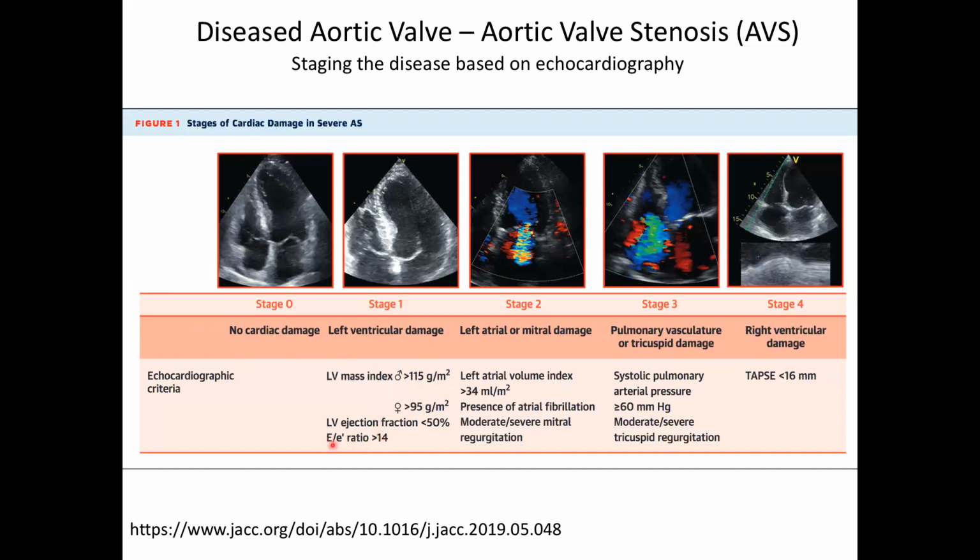And then there's this one, the E to E prime ratio, which requires that you measure velocities. The E to E prime ratio is the ratio of the velocity of the blood going through the mitral valve at its peak, divided by the velocity of the valve ring moving upwards, right? So you've got mechanics of the valve ring moving up, and you've got the velocity of the blood moving down.